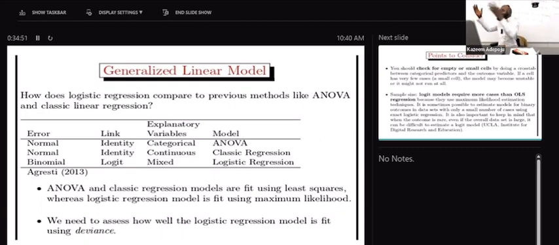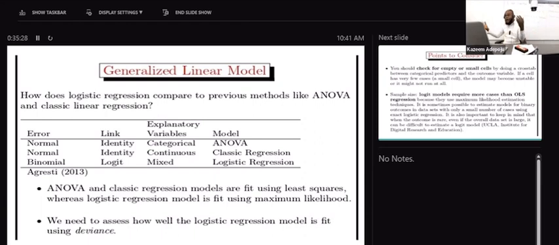It allows a variety of error distributions other than normal. I'm going to say that again. The generalized linear model allows a variety of error distributions that are not normal. But in the general linear model, the error distribution of the response is assumed normal, while for the generalized linear model, it is other than normal. Does that make sense to everyone now?